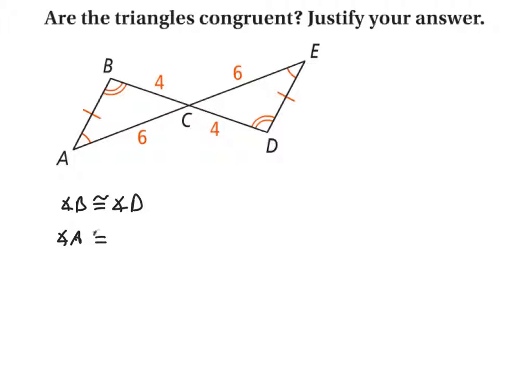Angle A is congruent to angle E. Excellent. What else do we know for sure? AB is congruent to ED. What are those? Segments. Line segment AB is congruent to line segment DE. Excellent. And anything else we know?